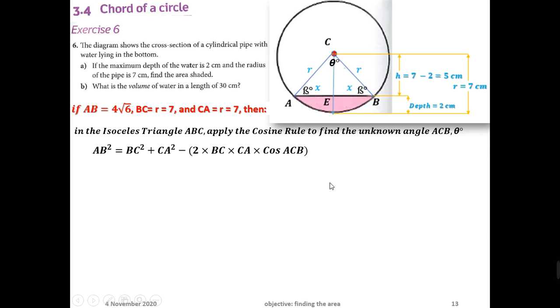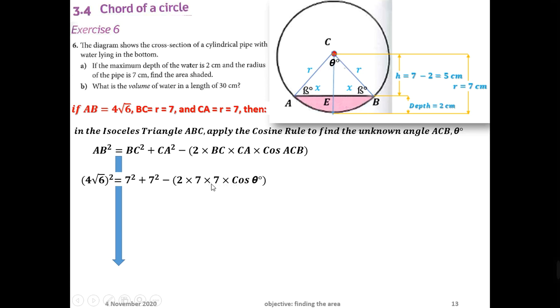Now let's substitute in this formula. So AB is actually equal to 4 square root of 6 to the power of 2 is equal to 7 squared plus 7 squared minus, in brackets, 2 times 7 times 7 times cosine the unknown angle theta. Now, we wrote the general formula of the cosine rule.